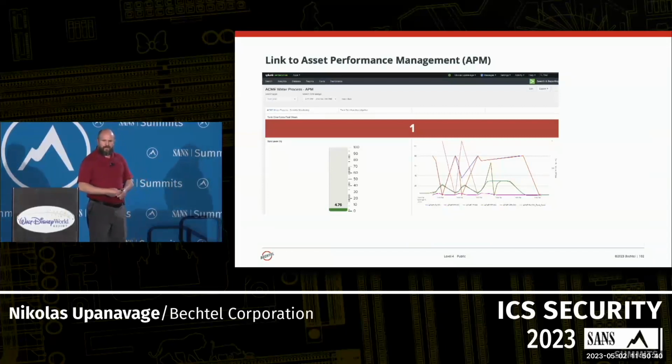So I wanted to talk also briefly, I talked about asset performance management a little bit in the front. This is another part of my group working on an initiative about predictive maintenance and how you can use process data to make better operational decisions in your environment.